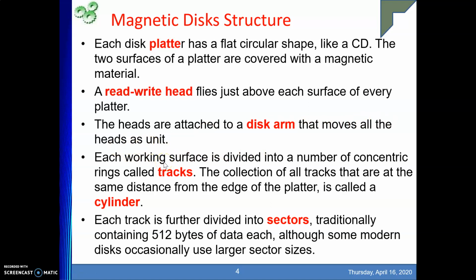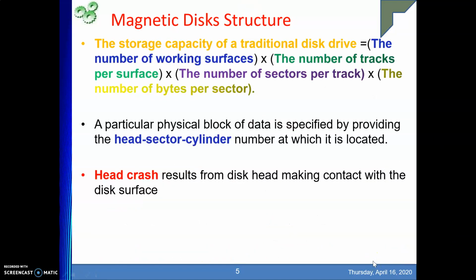Each working surface is divided into a number of concentric rings called tracks. The collection of all tracks that are at the same distance from the edge of the platter is called a cylinder. And each track is further divided into sectors. Traditionally, the size of a sector is 512 bytes, although some modern disks use larger sector sizes also.